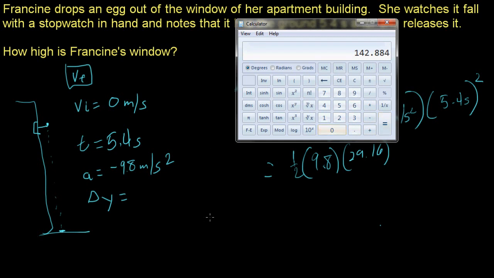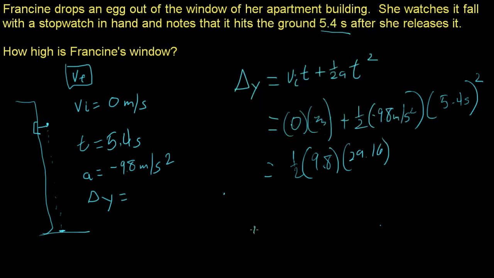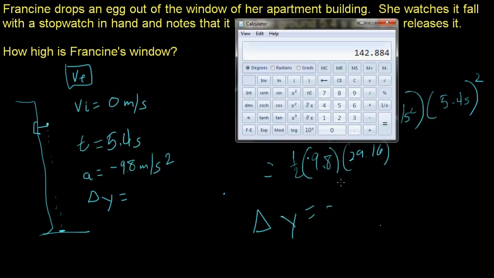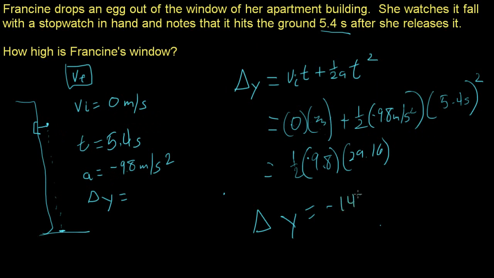So 142.88. But notice this was negative, so we actually end up with a negative, what was that? I already forgot. 142.88 meters, because meters per second squared times seconds squared, the seconds squared cancel, so we get meters. Why do we get a negative distance?